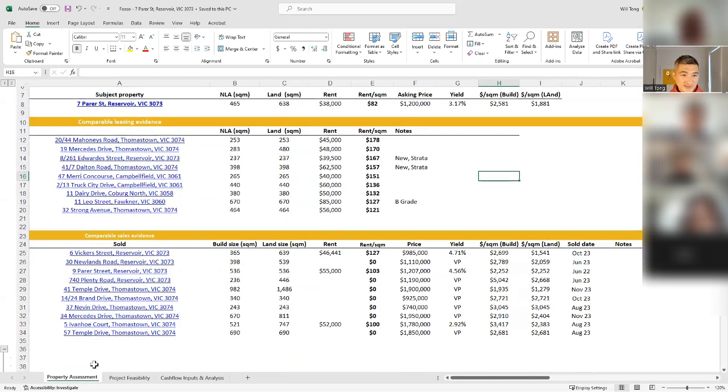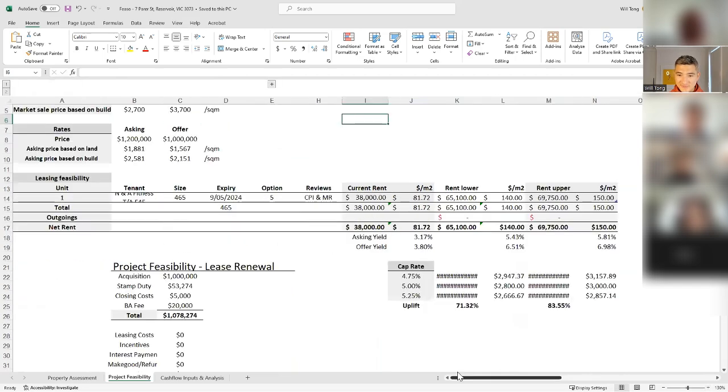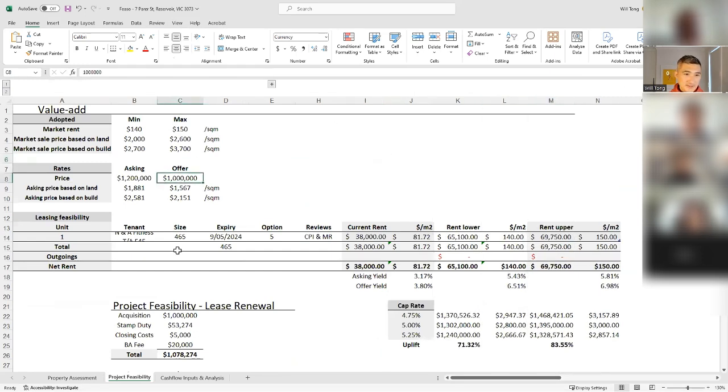We also looked at the sales evidence to formulate a view on what it's worth. Very quickly, this is what we've adopted: $140 to $150 per square meter. And so we offered $1 million, bought it for $1 million. So current rent 38, the new rent's going to be 69,000.